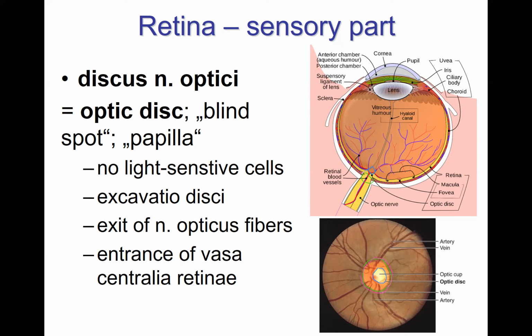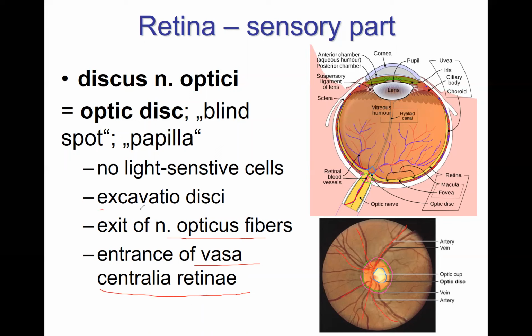Yeah, and we have talked about that at the beginning. The scleral annulus is this structure. So it's not only the exit of the optic nerve, but it's also the entrance of the central retinal artery and vein. And you can see the branching of them here, and I'll come to the branching in some minutes. So it's an entrance of central retinal vessels, it's the exit of the optic nerve.